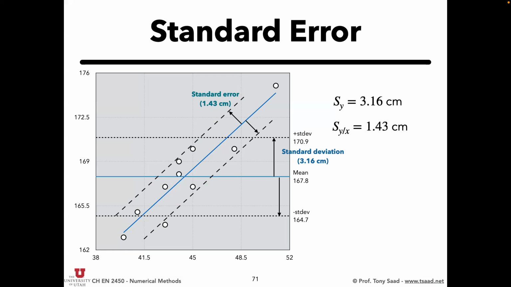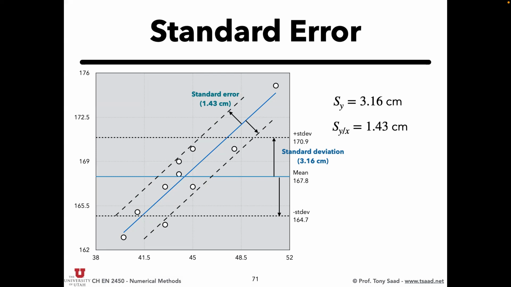With respect to that straight line regression, the data is spread around it according to the standard error SYX. And when you compare that SYX to SY, it's much smaller. It's almost cut in half, even more. So we changed our model so that we've reduced the spread of the data around what we're using to predict the data.